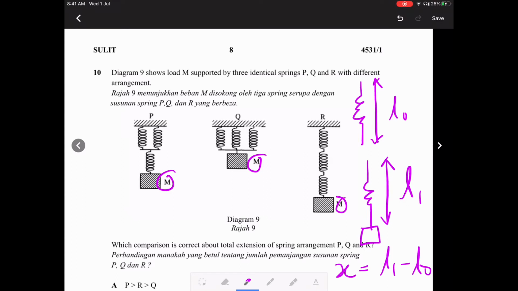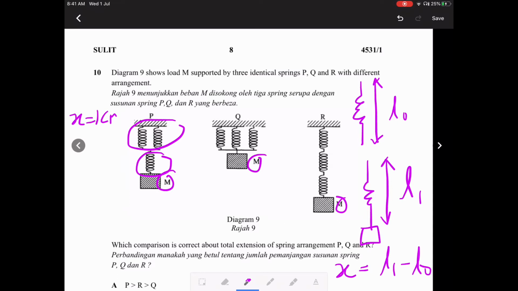Okay. So, soalan ni dia tanya, comparison correct about the total extension. Jadi, you kena kira satu-satulah. Okay. Now, you tengok. Untuk P, P ni dia bagi kepada dua sistem. Ni sistem A, ini sistem B. Okay, katalah nilai pemanjangan spring tu kita anggap dia sebagai 1 cm.